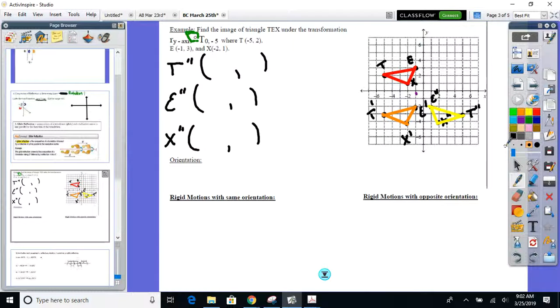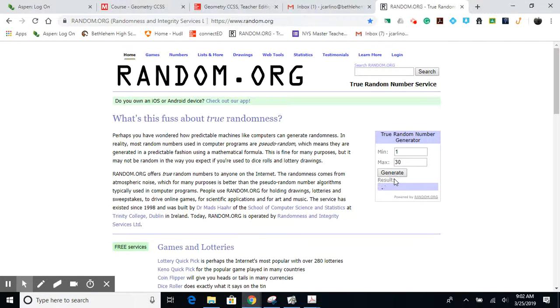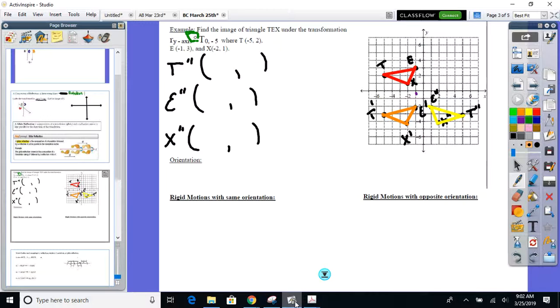And I'll have some of those coordinates for me. When you're ready, what are those ending coordinates? T double prime. X double prime, 2, -4. Go ahead, any of the other two?